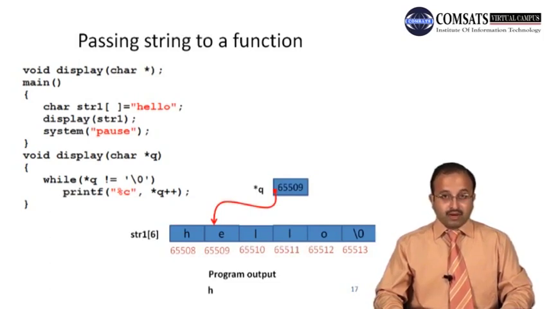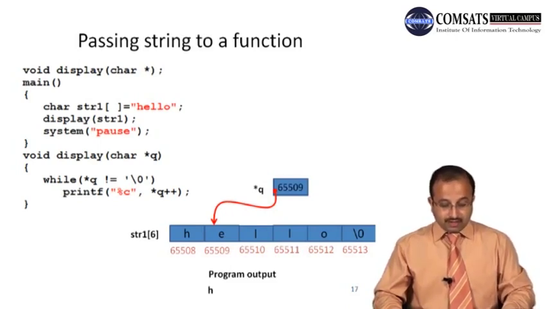Next, it compares in the while loop condition that e is not equal to the null character. The condition is true. It comes inside the while loop and prints the character at *q. That character is e. Then it increments the pointer q and it points to the next byte, and so on.